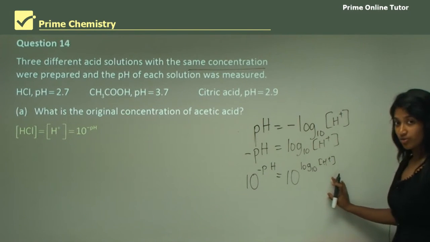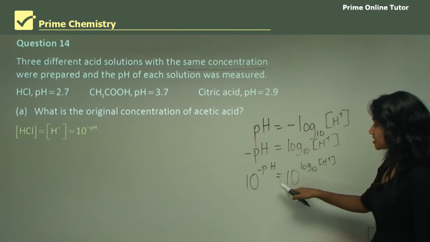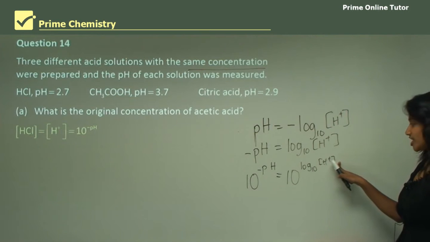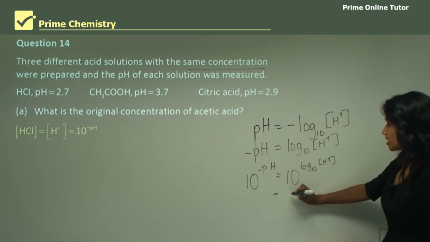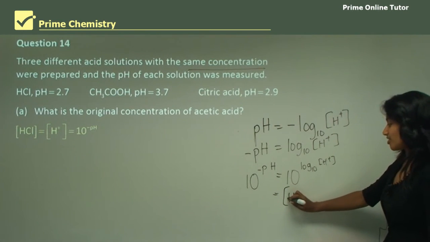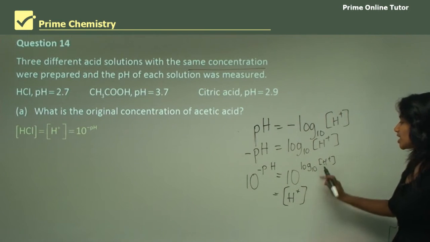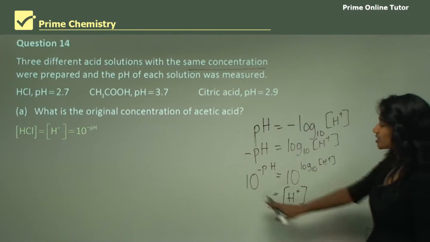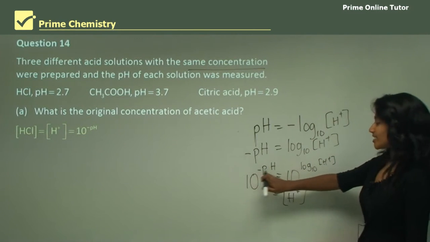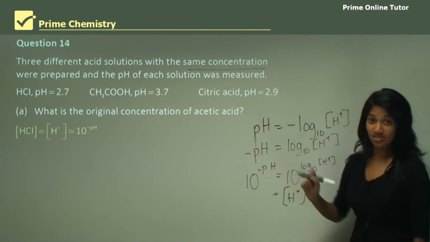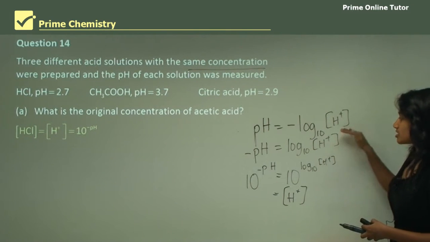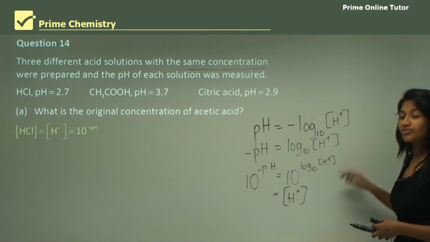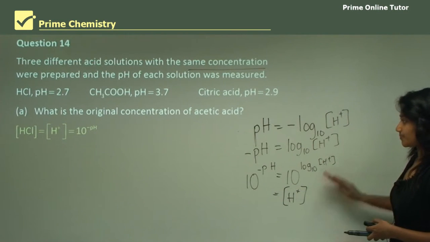Now this is a rule that applies with logs. If it's 10 to the log 10 of the hydrogen ion concentration, it would eventually equal the hydrogen ion concentration. So the hydrogen ion concentration would equal 10 to the minus pH, and that's how that equation is derived from pH equals minus log to the base 10 of the hydrogen ion concentration.